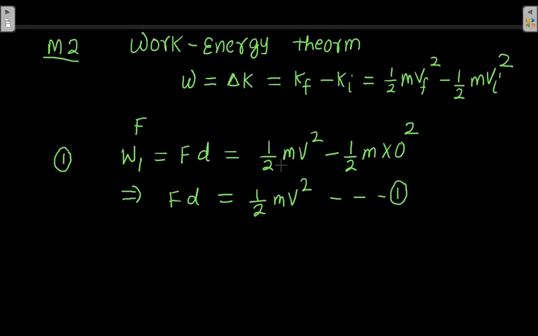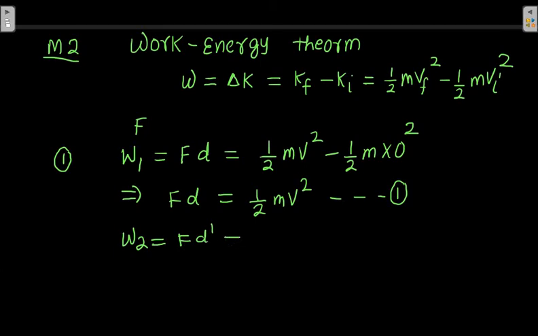So we have to calculate the distance when the speed of the car becomes v by 2. In the second case, work done by this force W2 will be equal to F into d dash, where d dash is the distance covered by the car when its speed becomes v by 2.